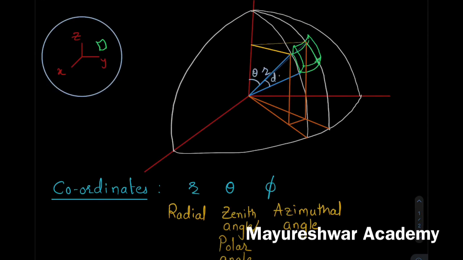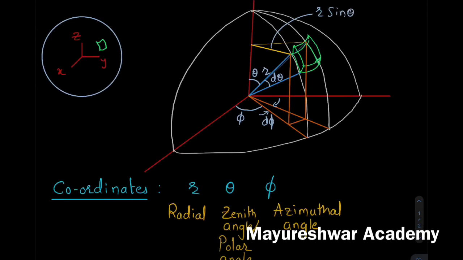So this is r, theta and d theta directions, and this angle is phi, which is the azimuthal angle, and this is going to be d phi, the azimuthal distance or angular direction of the element.